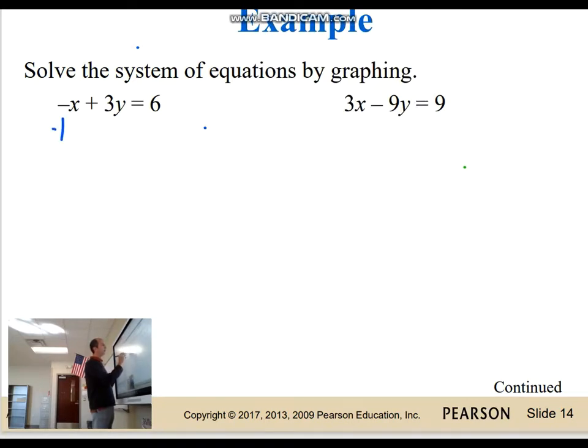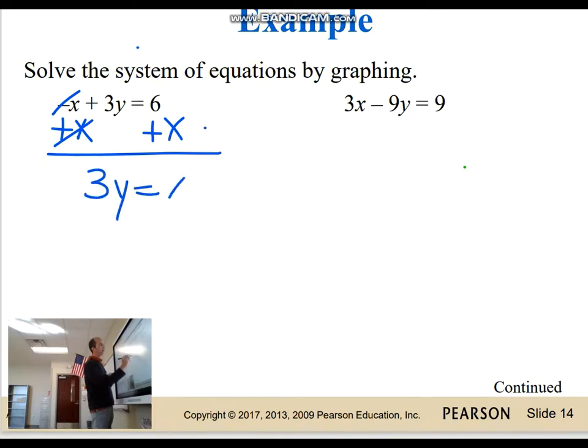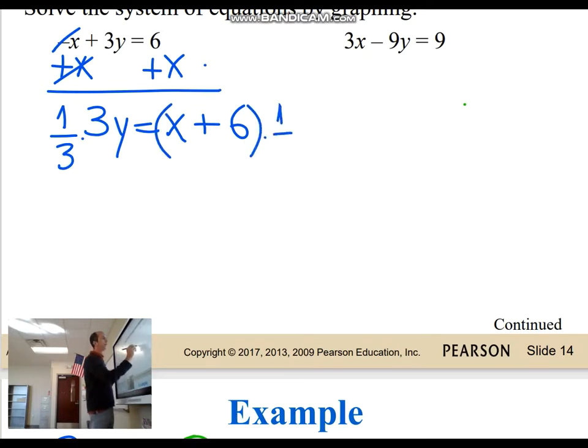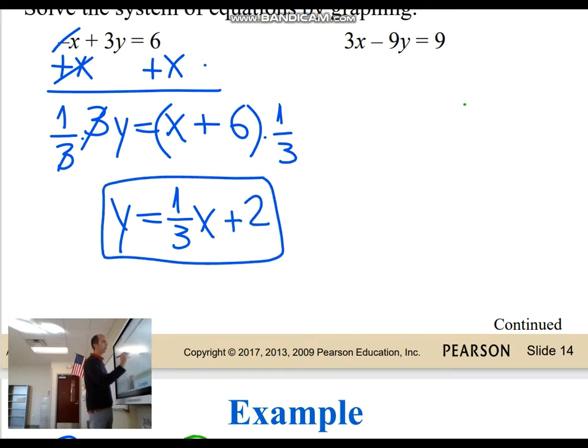We apply the addition property of equality, add x on both sides, so we can get rid of this x. We have 3y equals x plus 6. Then divide both sides by 3, or multiply by 1 over 3, and we will have y equals 1 over 3 x plus 2. This is equation number 1.